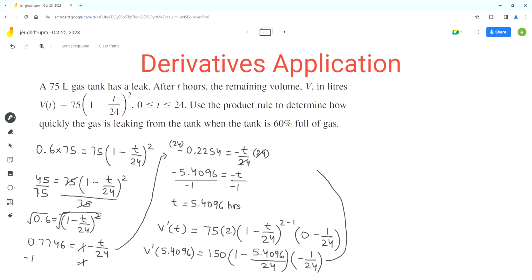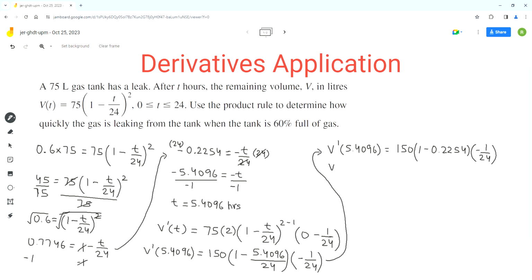Now we have to simplify this expression. So we get V prime of 5.4096 equals 150, and now we can simplify the expression in the parentheses. So we do 5.4096 divided by 24, which is equal to 0.2254, times negative 1 over 24.